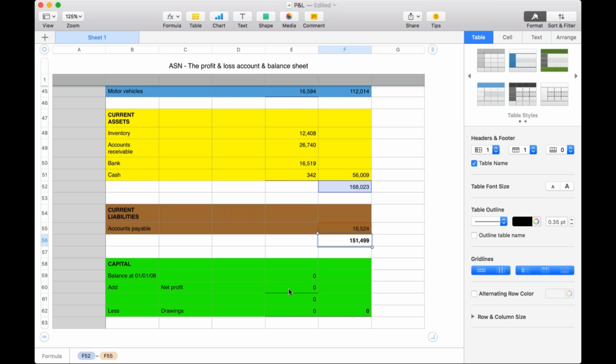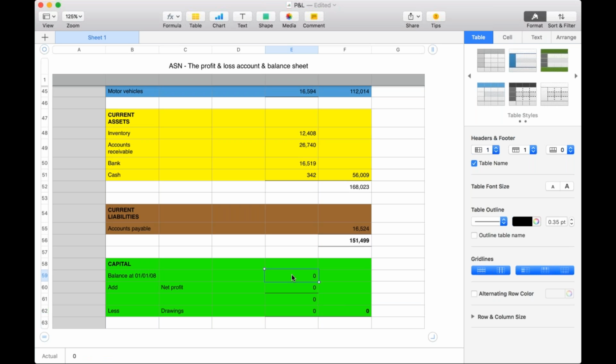So when we finish entering these figures, that figure there should come to the same figure, and our balance sheet will balance. Because that's the accounting rule that assets minus liabilities equals capital, as we did in our first ever masterclass. So by the time we've entered the figures in, this is hopefully going to prove that point.